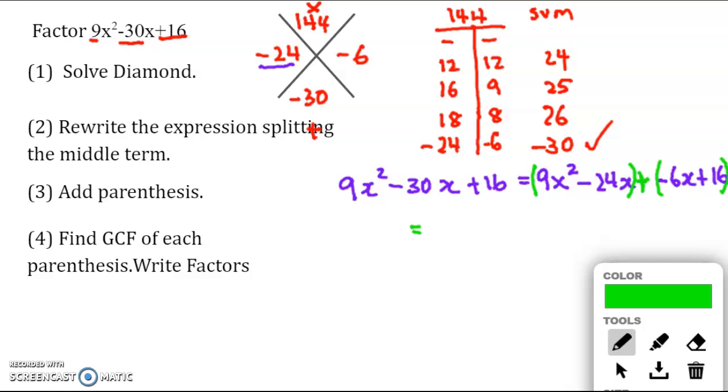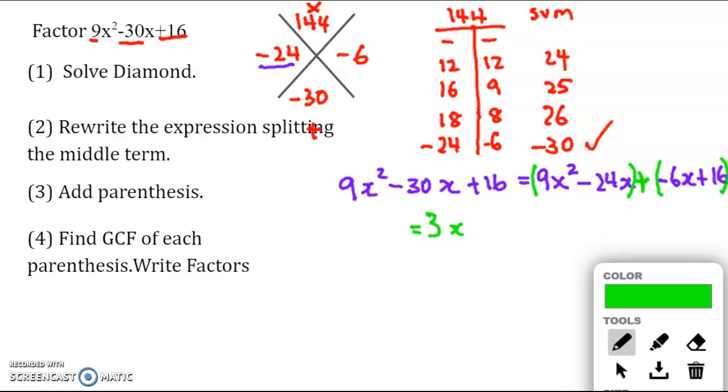I know that x squared and x, so there has to be an x as a common factor. 9 and 24. What is a common factor when you have 9 and 24? Well, 9 is divisible by 3. 24 is also divisible by 3. Is there any bigger number? No, there isn't.